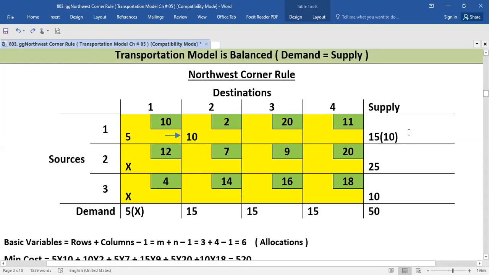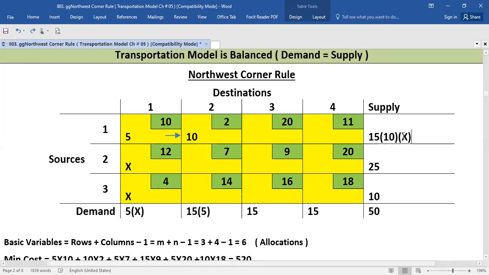Because your supply was 10 and demand was 15. 10 was minimum and minimum value was put here. So you see that I have put 5 in front of 15 as 5 is left, and put cross sign in front of 10 as nothing is left.